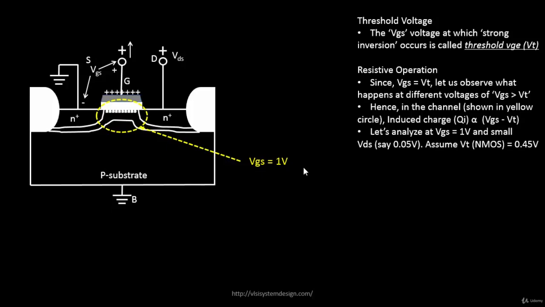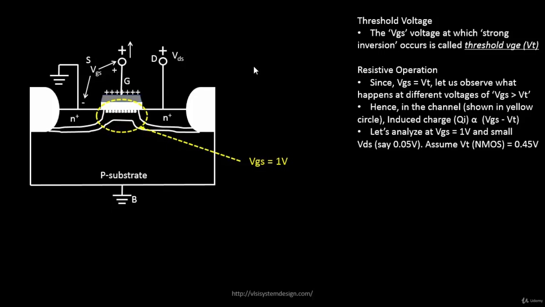VGS equal to 1 volt is good enough to create an induced charge, or a conducting channel between the source and the drain. Let's say VDS is very small, which is 0.05 volts, 50 millivolts. We'll start from that voltage, and then eventually we'll move into higher voltages of VDS. But to start with, we'll take VDS equal to 0.05 volts. It's small enough.